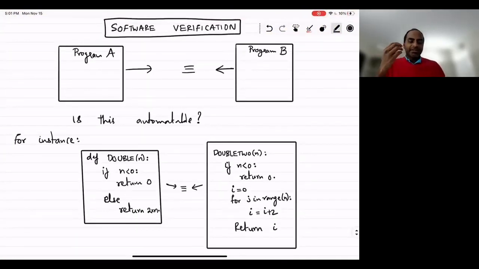Alas, as we'll see in the next lecture, software verification is actually impossible to solve. There is no way to automate this verification process, and many other things that we'd like to solve turn out to be unsolvable, especially when we're interested in meta questions about programs. We'll talk about that in the next lecture, which is on Friday. And on Wednesday, we will of course have the exam. See you then.